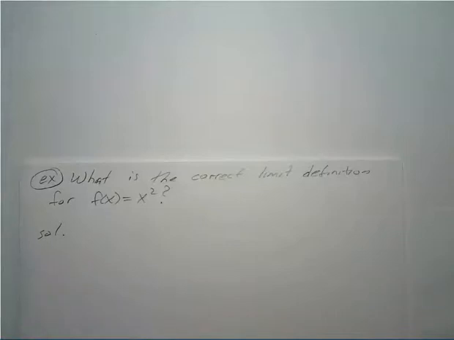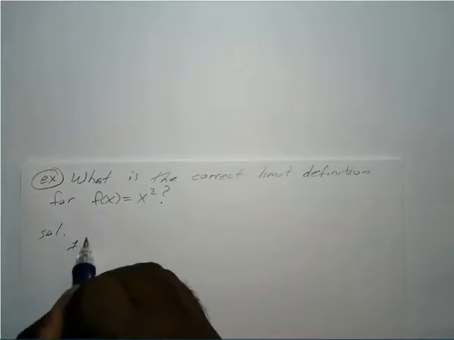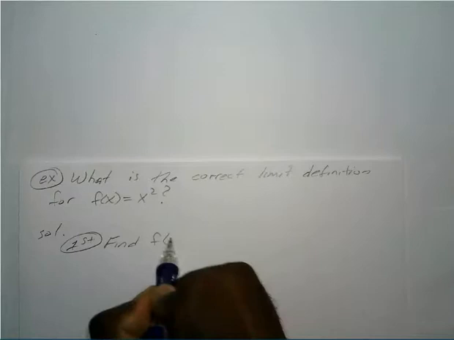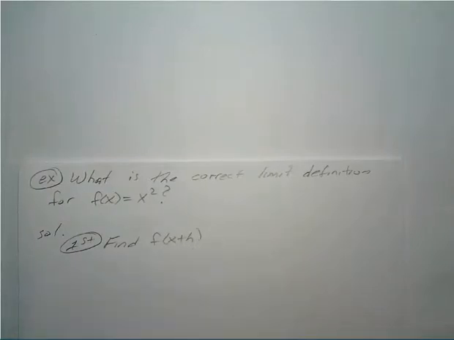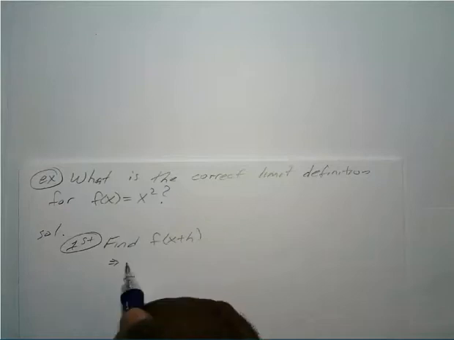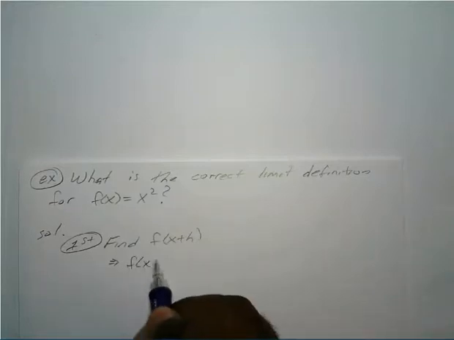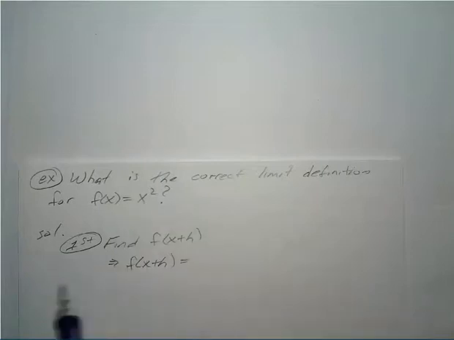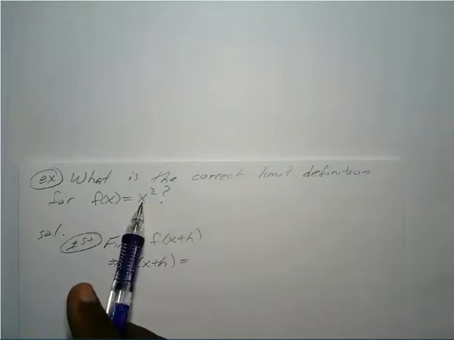We're not solving it, we're just finding the correct limit definition. Okay, so here, first thing you do is find f of x plus h. Okay, so we know here that since f of x is x squared, f of x plus h is just x plus h squared.